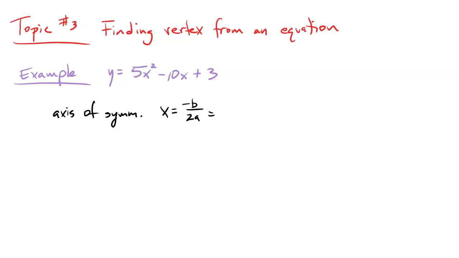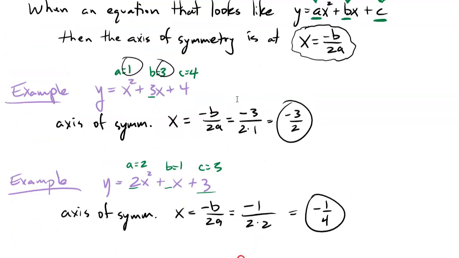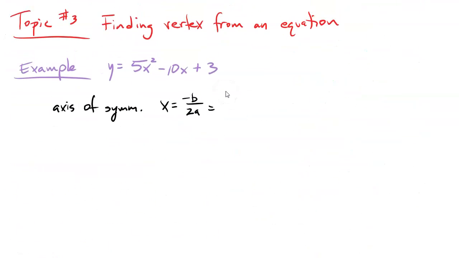Let's see. Sam, do you think you could help me identify A, B, and C? Sure. Do you think you could help me figure out A, B, and C on the equation? I can scroll back up if you don't remember what I'm talking about. So a is always the number on the x squared.